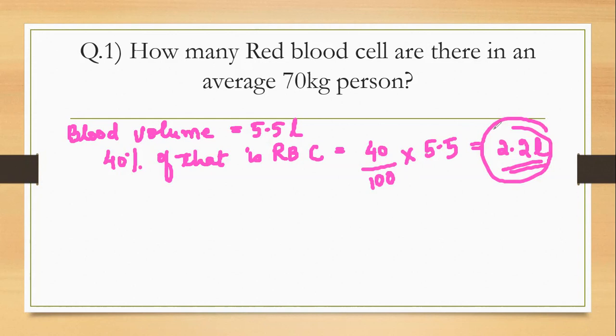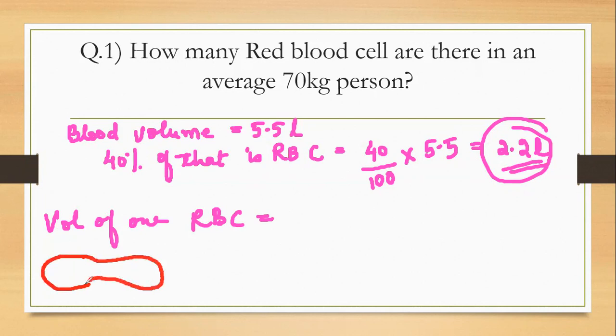Now they have asked the number of RBCs. So for that you should know the volume of 1 RBC. So what will be the volume of 1 RBC? For this you need to know a little more basics. We know that RBC is a biconcave disc shape, right?